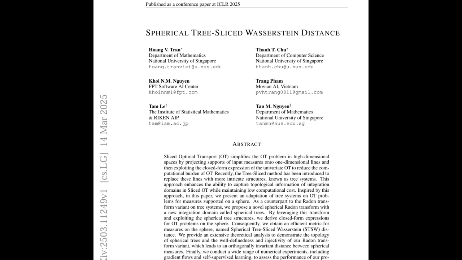Now, how is that Wasserstein distance actually computed on a single spherical tree when we have these data points? So imagine your data points on the sphere. And they get mapped onto the tree. Each point ends up at a certain distance along one of the branches. Right. The Wasserstein distance on the tree basically looks at the differences in the cumulative probability mass as you move along those branches.